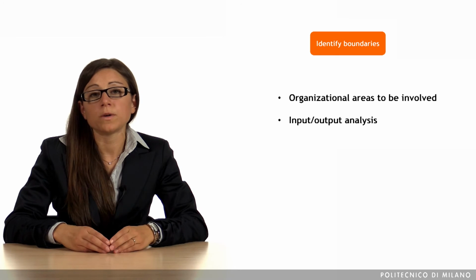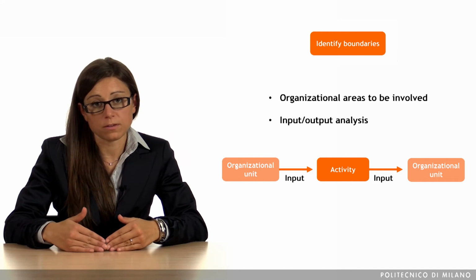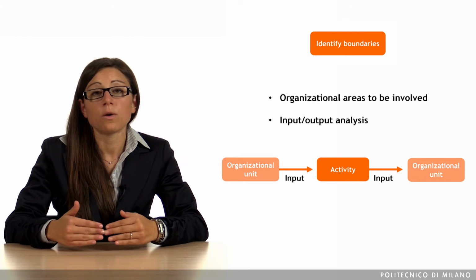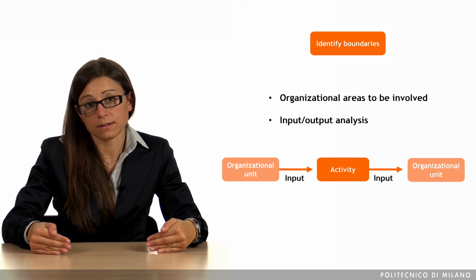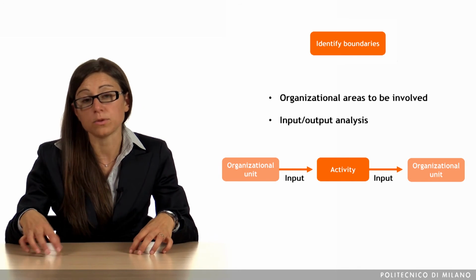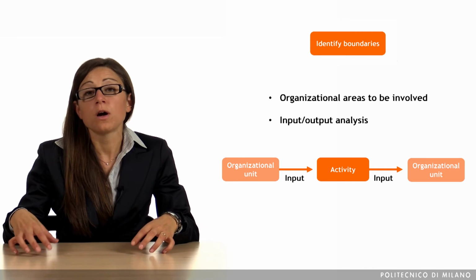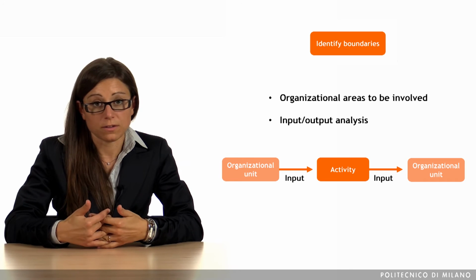This means that we need to identify the activities that are going to change the most because of the investment, and given these activities, we need to identify the input and then the output of this activity, and the organizational units that will be responsible for providing the input and then for receiving the outputs will be the organizational units that will be affected the most by our investment.